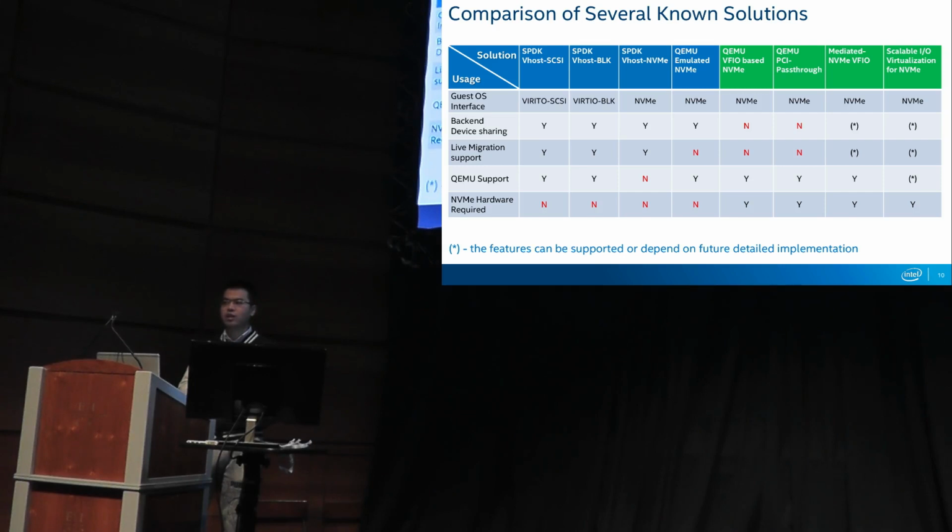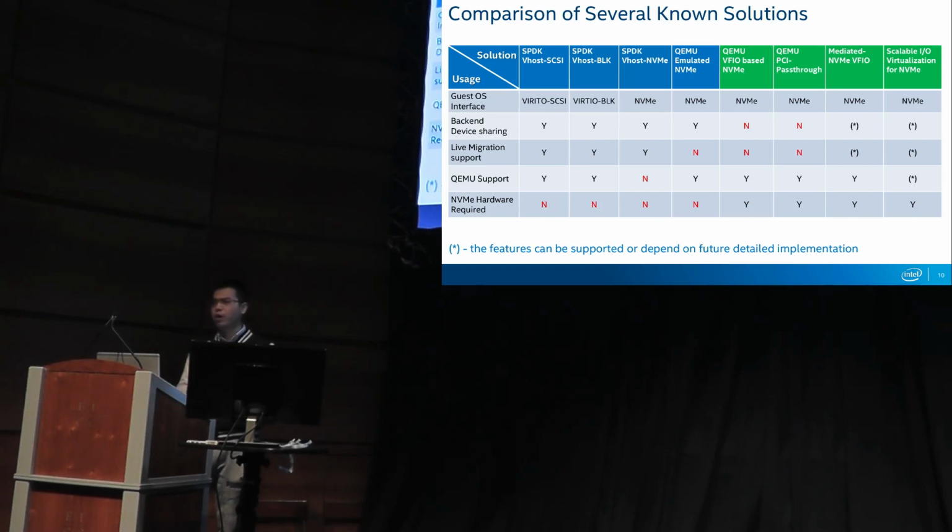Whether we can share the devices among the VMs if there is only one NVMe SSD. And the second is live migration support. We can see that the red mark in the column means it is not supported. But there is still a red mark in SPDK vhost NVMe, since currently the QEMU support is not merged.